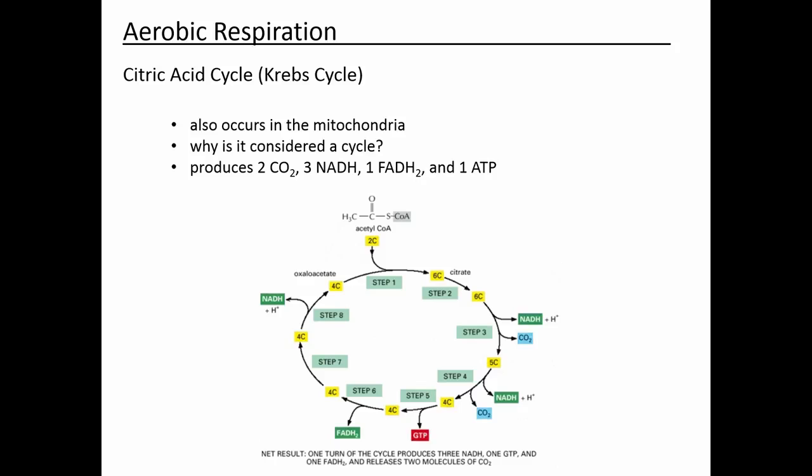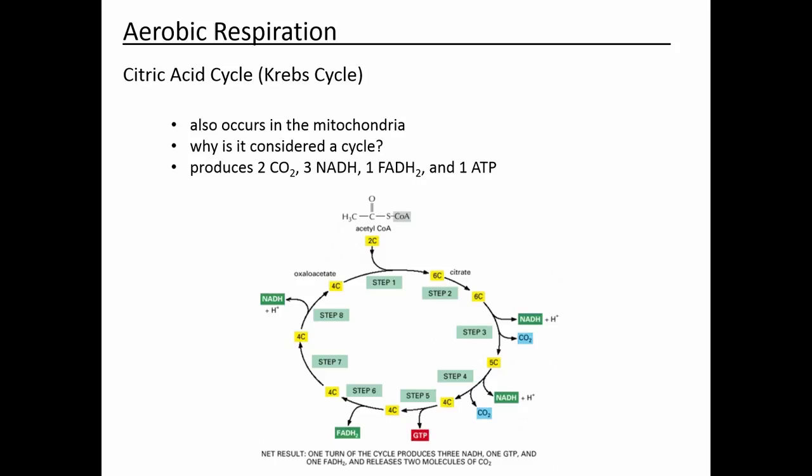You can see that you have 1 FADH2 molecule being produced, so per glucose molecule, this cycle is going to produce 2 FADH2 molecules. And FADH2 is similar to NADH in the sense that it carries electrons. So what's happening during this cycle is you're taking FAD and reducing it to FADH2.